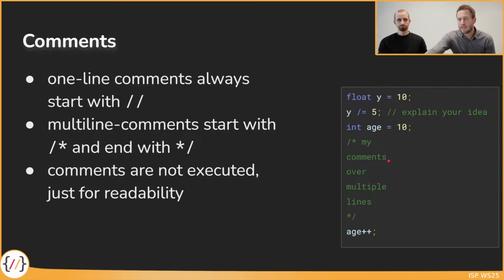The second way to write comments is with a /* and ending with */, and everything in between those two is a comment. So for example, here we start our comment, which can then go over multiple lines, and here we end our comment. If we have some statements within our comment, for example an int age or something, this would be completely ignored because it would be a comment.